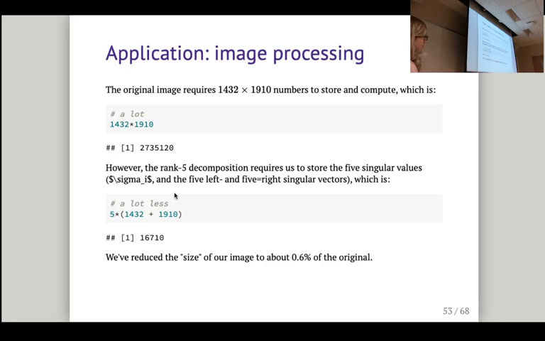That rank 5 decomposition though, all of these rows and columns are essentially the same, multiples of each other. We've only got 5 of them. So that's the size of the approximated image. We've taken this down to less than 1% of the original.